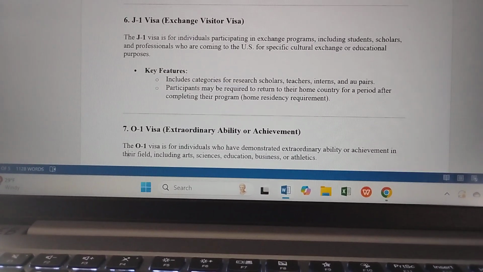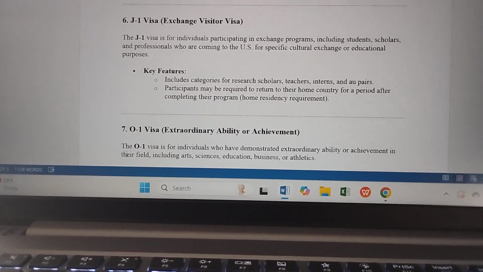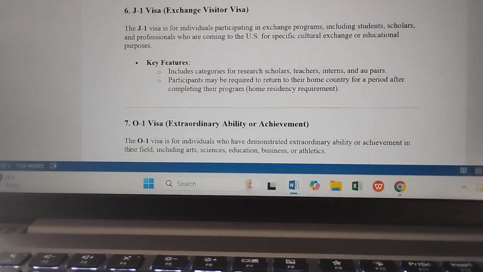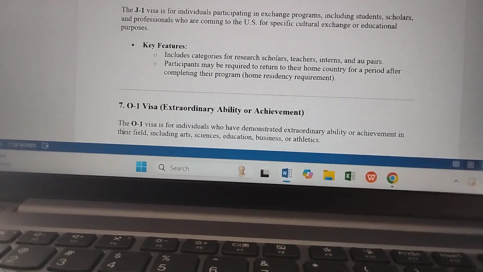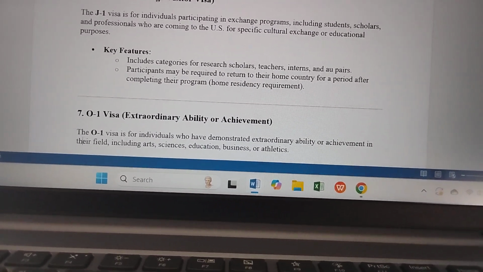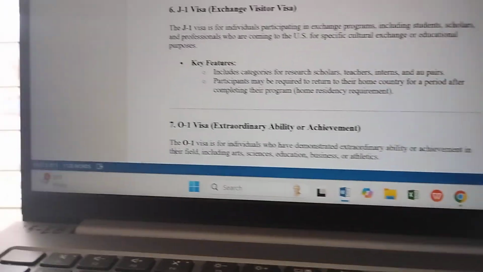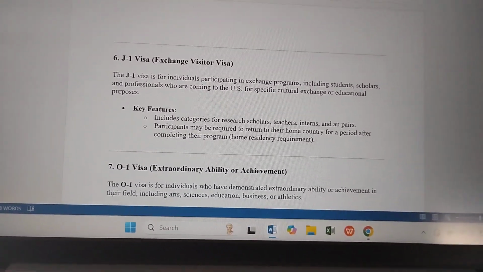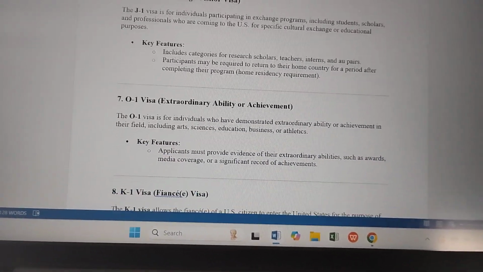Participants may be required to return to their home country for a period after completing their program. What you're calling what? The home residency period. The home residency requirement states that after you are done with your program in the US, you must go back to your home country for at least a period of 2 years before you can again be allowed to apply for another J1 visa to come to the United States.